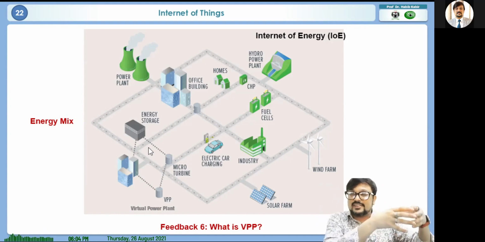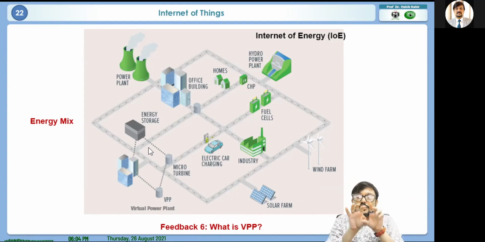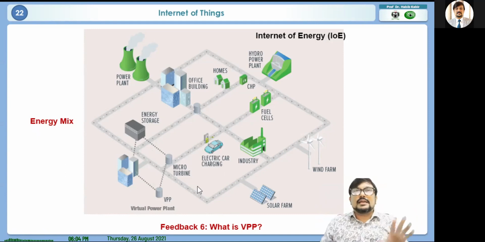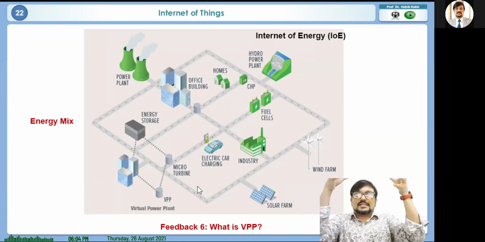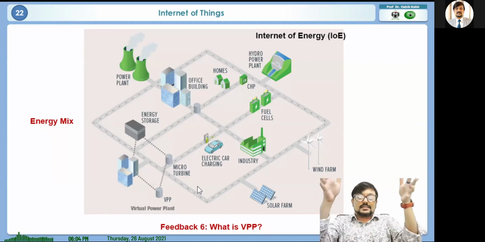The Gulshan server is there, then the American server is there, and so many other servers. But whenever we want to search, we search from youtube.com. In future it will be like that with the virtual power plant, the VPP. We have a big ISP, and all the data are there.